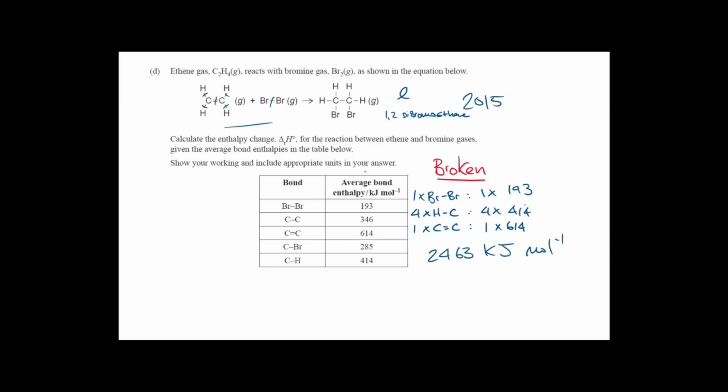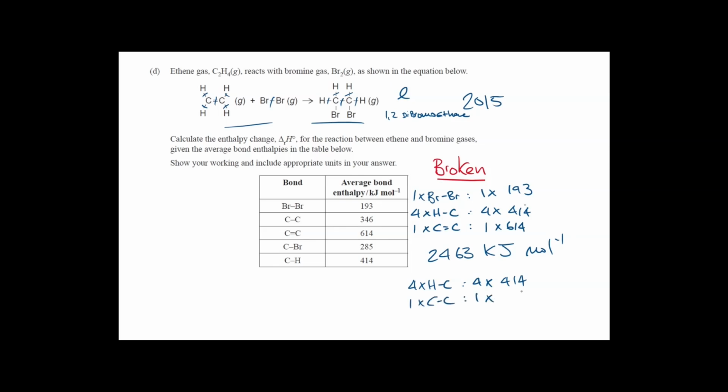Now to form this 1,2-dibromoethane, let's do that again. So how many hydrogen carbons? 1, 2, 3, 4 of those. 4 times hydrogen-carbon, which is 414. There is 1 carbon-carbon single.